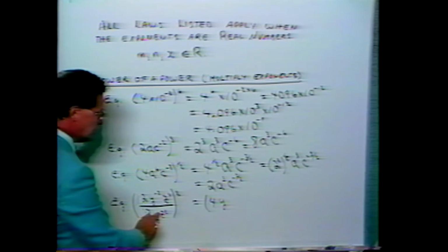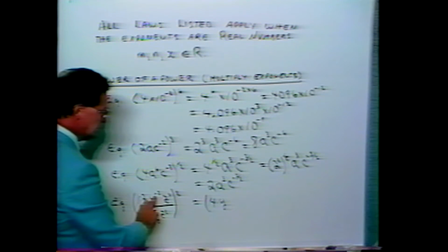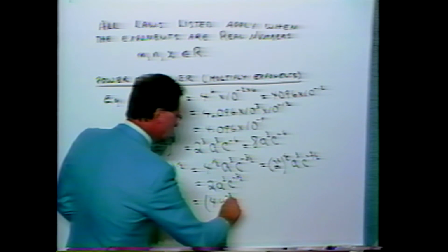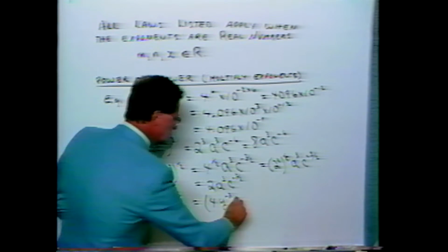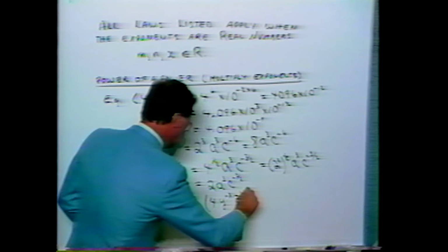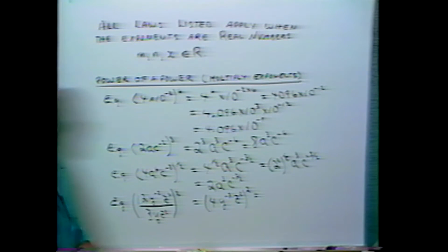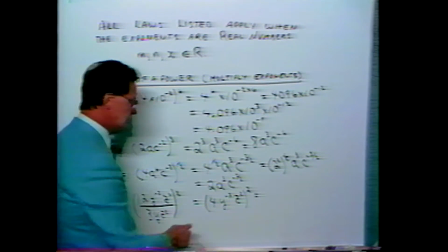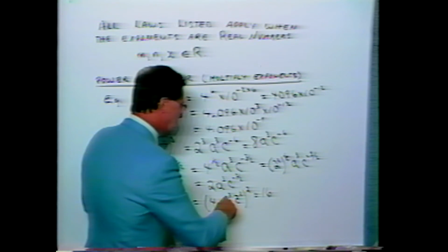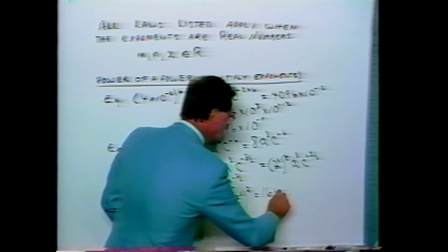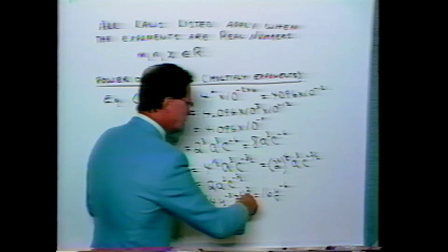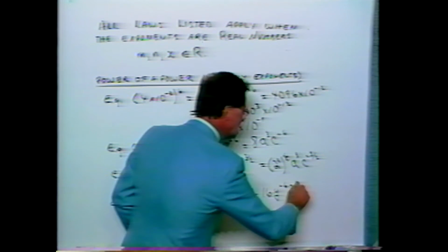Subtract negative 2 and 1: negative 2 subtract 1 is y to the negative 3. Subtract 4 and 2, the answer is 2, all raised to the second. We can now apply this outside exponent, simplifying: 4 squared is 16, y to the minus 3 squared is y to the minus 6, z squared again is z to the fourth.